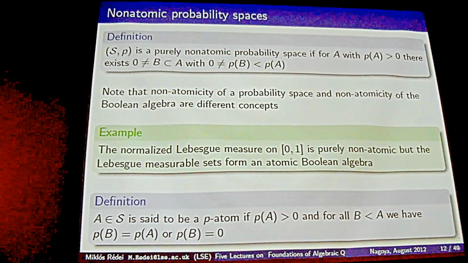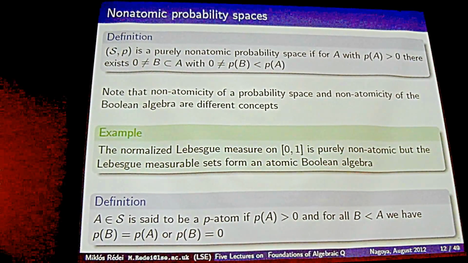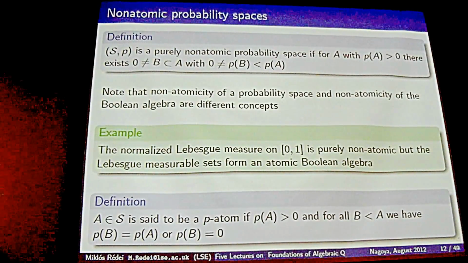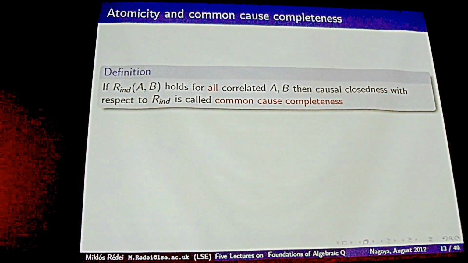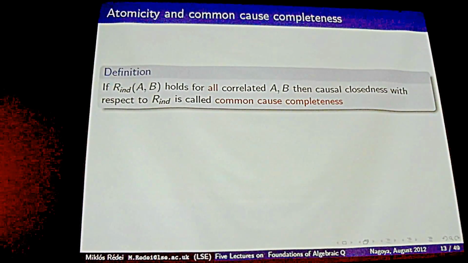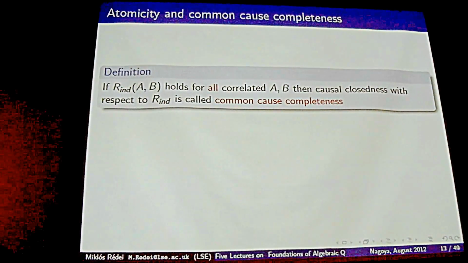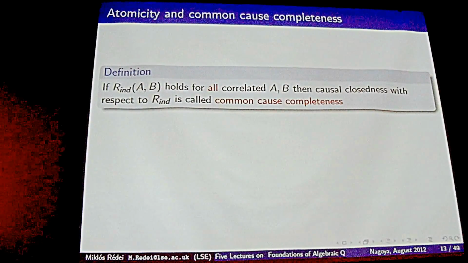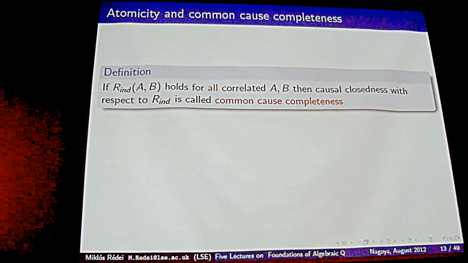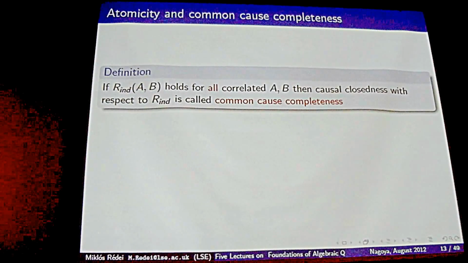Well, anticipating what's coming, because these are the opposites for the finite probability space. And indeed, it turns out that non-atomic probability spaces are better behaved from the perspective of the common cause principle.